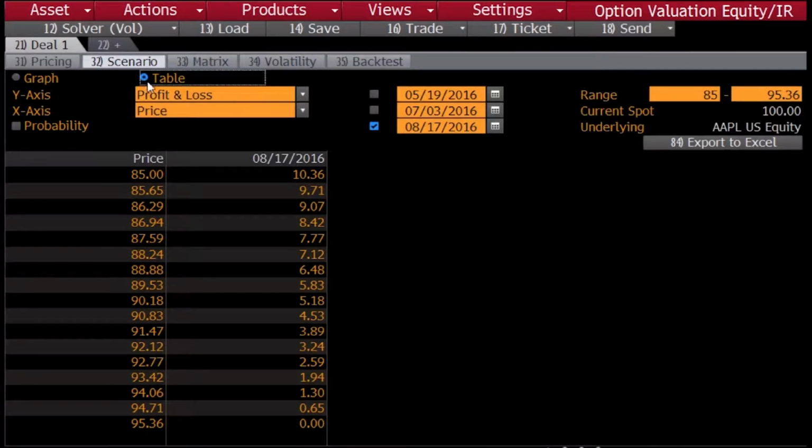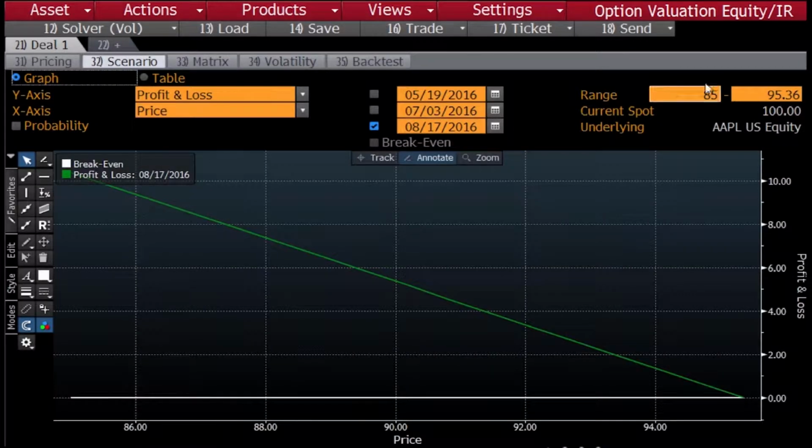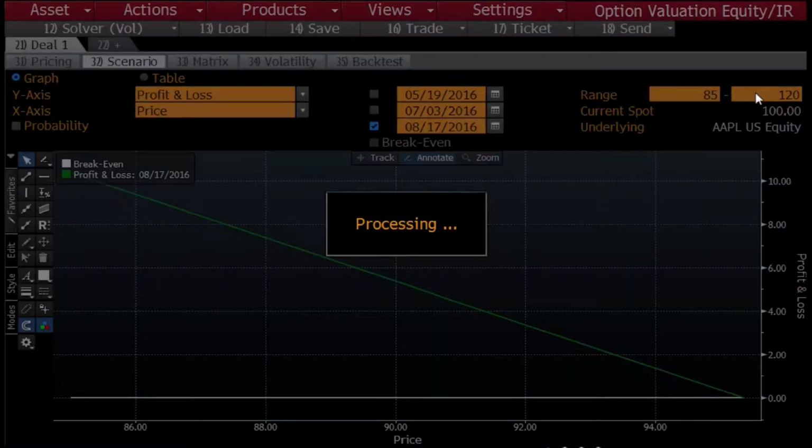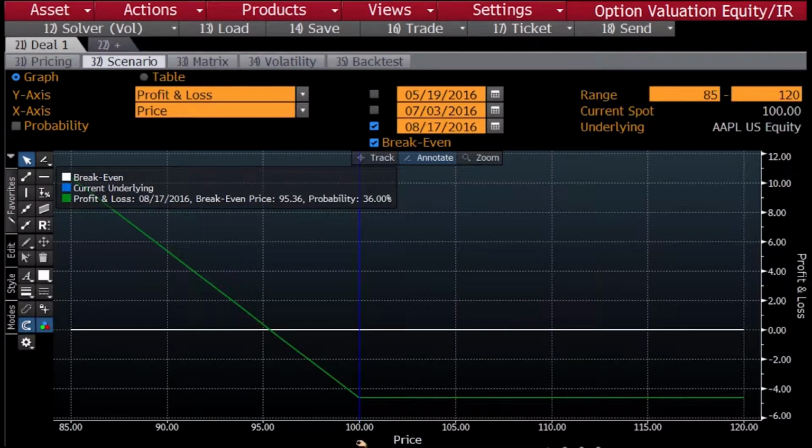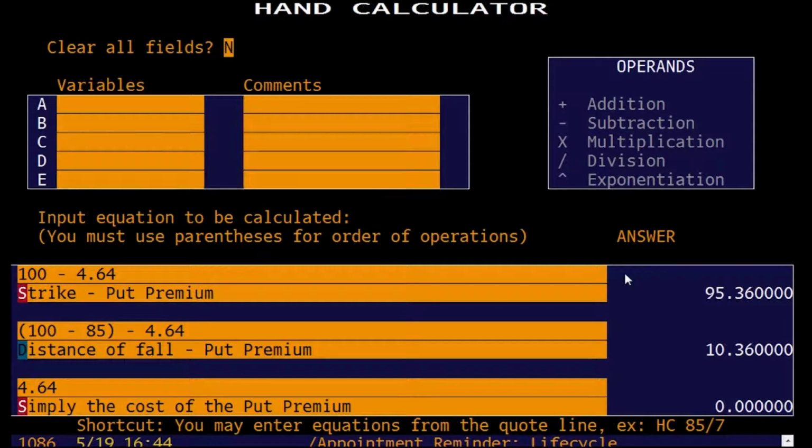Break-even can either be number crunched here in the table, or it could be read off on the graph after the appropriate range of underlying prices are entered, and you see the hockey stick profile. If you wanted to prove that out mathematically, you can see that the strike minus the put premium gets me to my 95.36 break-even.